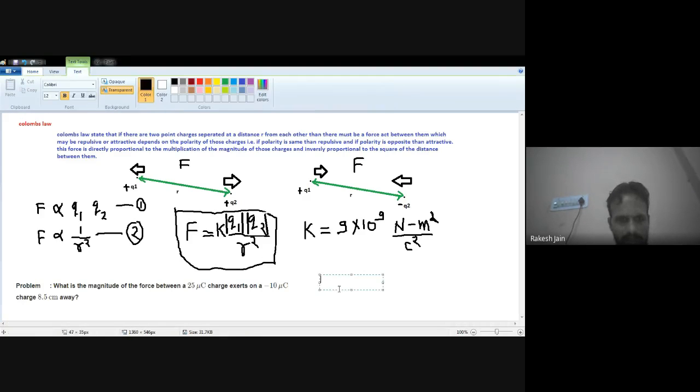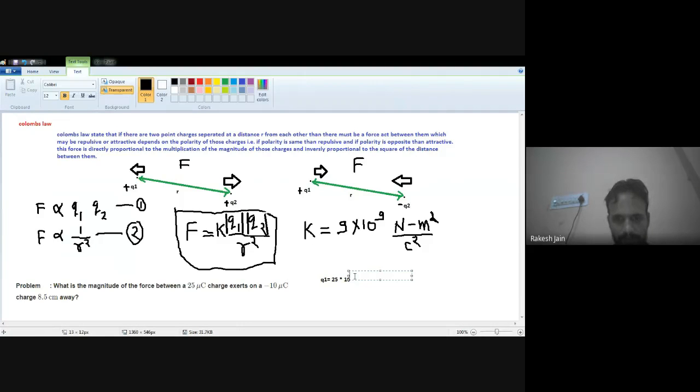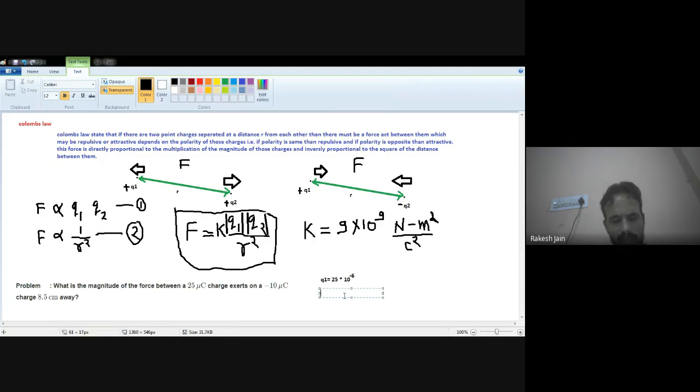So here it is given that Q1 is equal to 25 microcoulomb, so 25 multiplied by 10 to power minus 6. Let's suppose the question also asks you to show whether this force is attractive or repulsive.